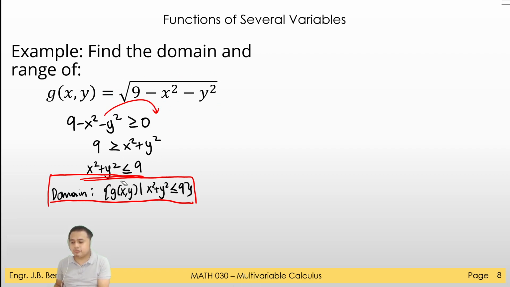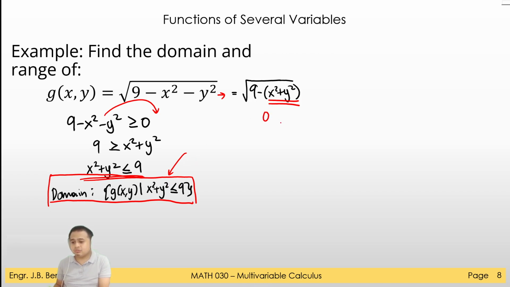If we know that the domain should be less than or equal to 9, so basically the sum of x squared and y squared, we can write this in this form. We can factor out the negative sign. So x squared plus y squared should be less than or equal to 9. So what does that mean?